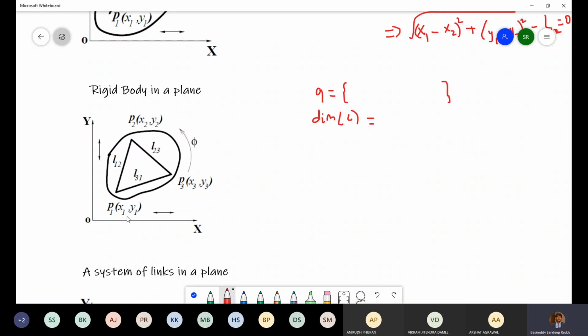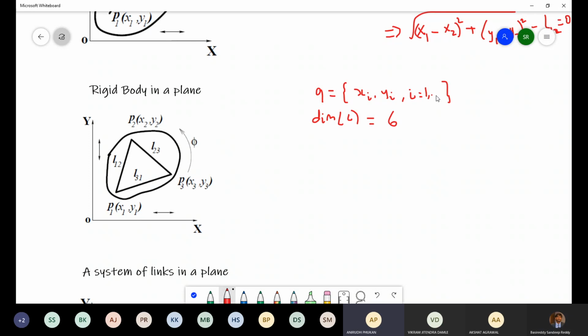How many configuration variables are there? 6. Yeah, 6. That is, I'll just write xi comma yi, where i is 1 to 3.